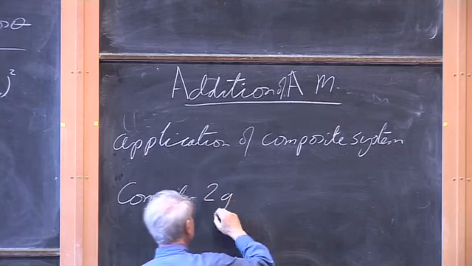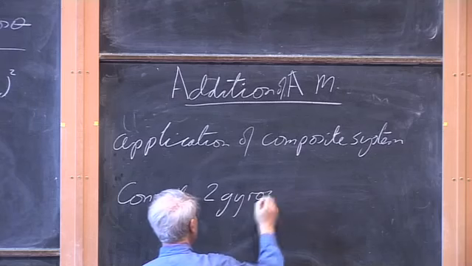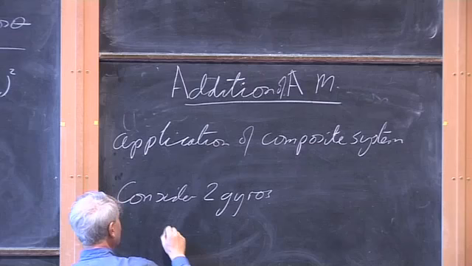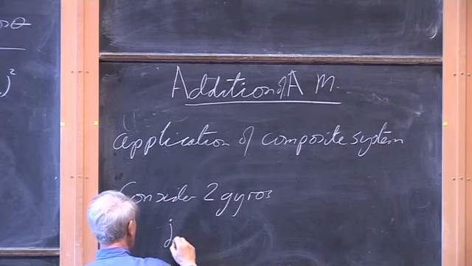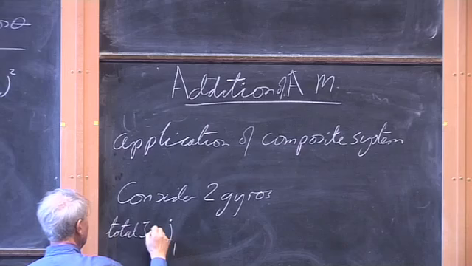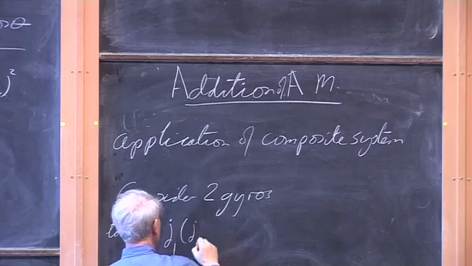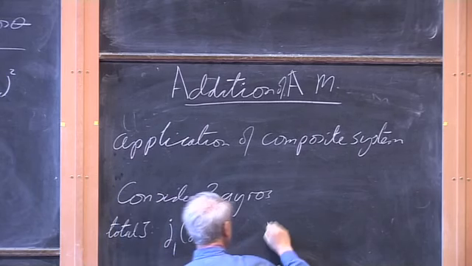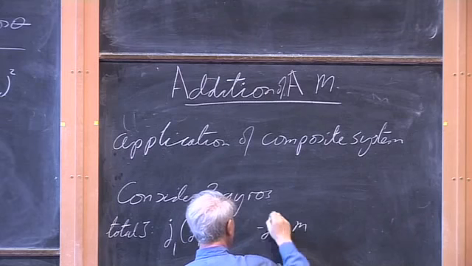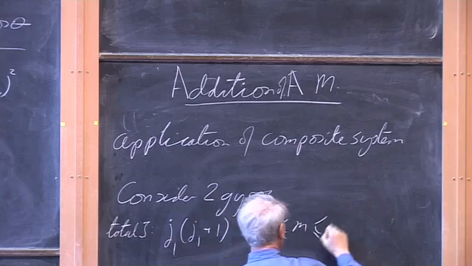Because what we're going to do is consider two gyros. Gyro 1 has total J1(J1+1), so its M1 lies between minus J1 and J1.